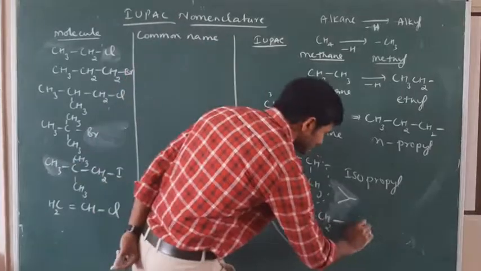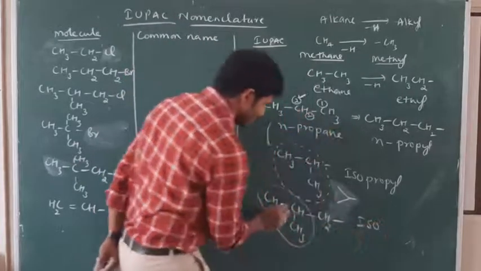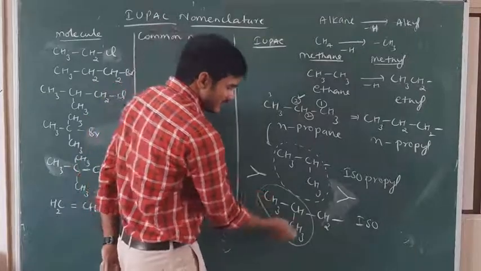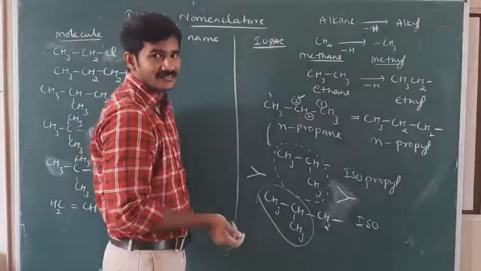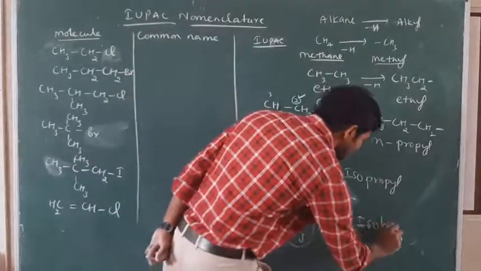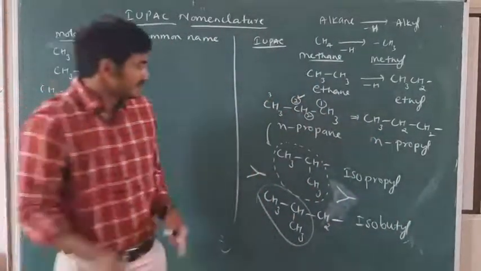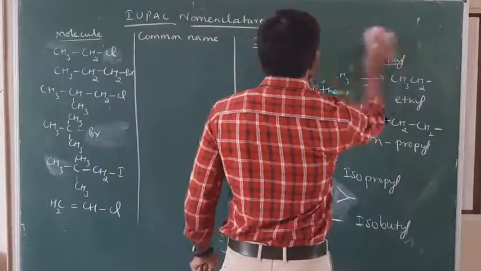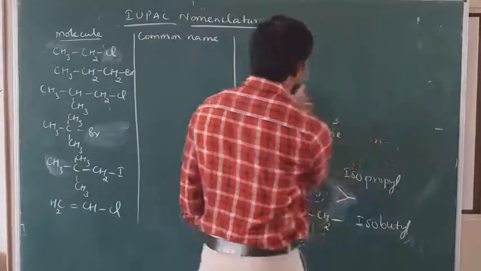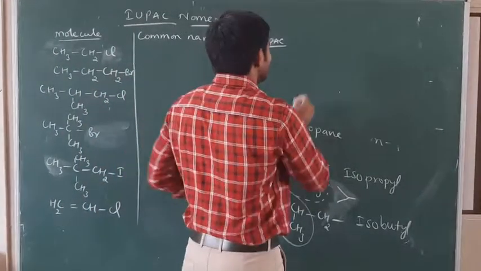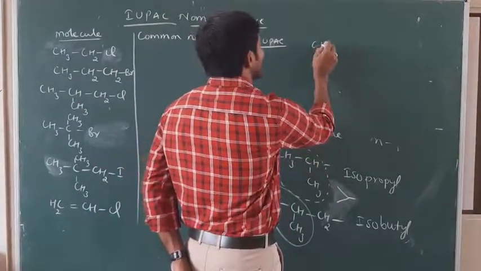So I first write iso, because you can see this symbol here also. But how many carbons in total? Altogether 4 carbons. So I write isobutyl. Like that, if you extend the carbons, you can write isopentyl, isohexyl, and we can continue.